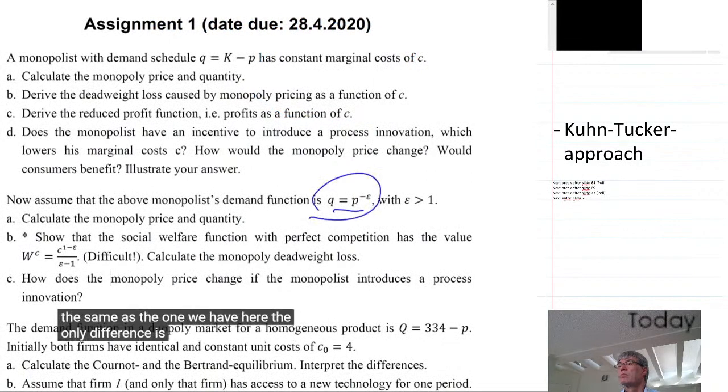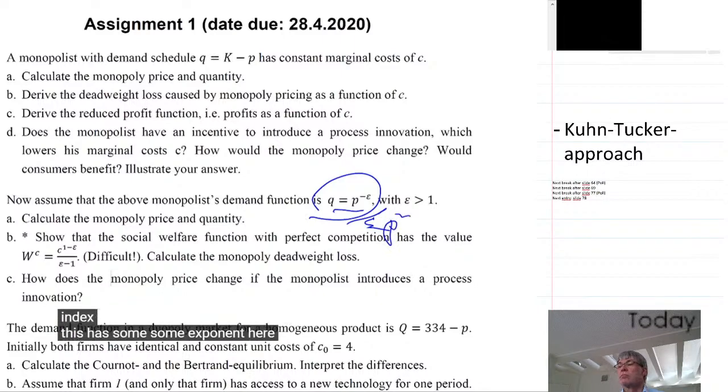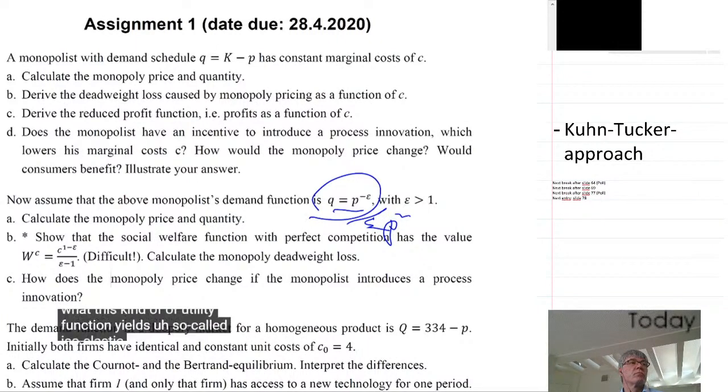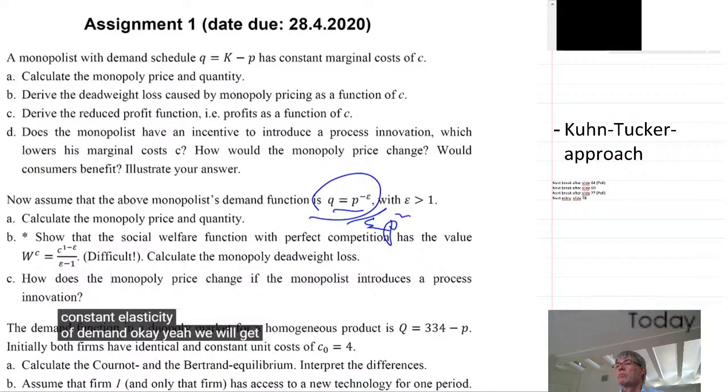The only difference is if we have several products, we would have some measure of all other companies' prices, some price index. This has some exponent here, and that's what this kind of utility function yields: so-called isoelastic demand curves with a constant elasticity of demand. We will get back to that later.